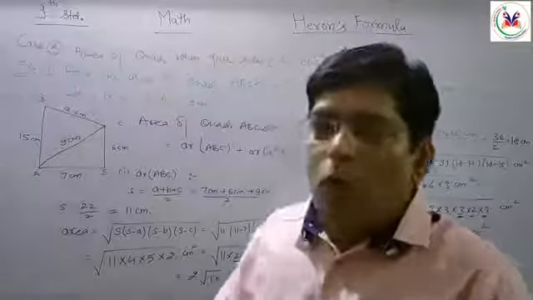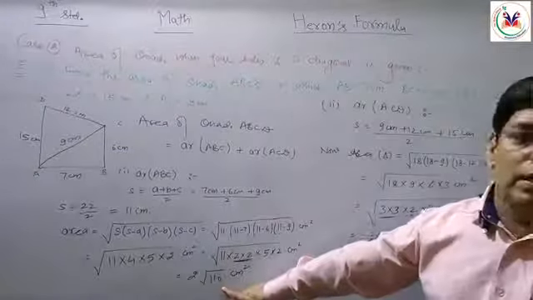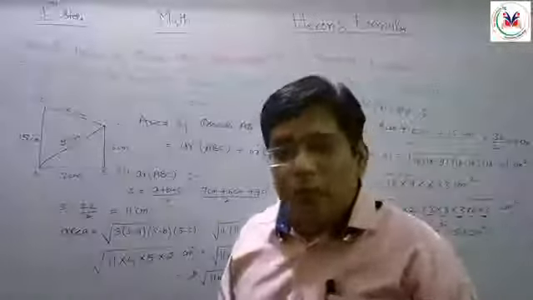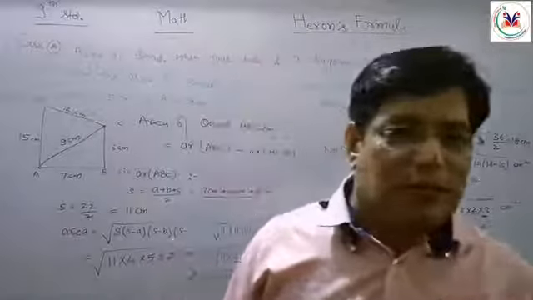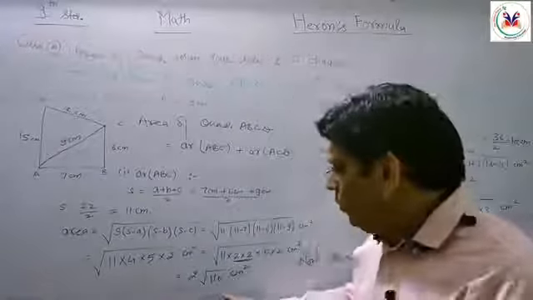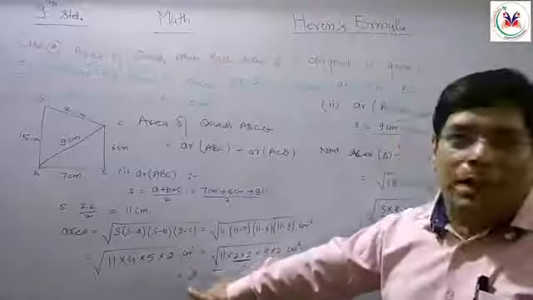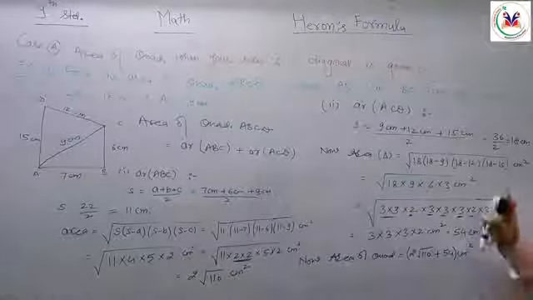Or if you want to solve further, you just calculate the square root of 110, which you can do with the long division method, which you have discussed in previous classes also. So you solve that square root of 110, multiply by 2, and after adding 54, that will be the area of quadrilateral.